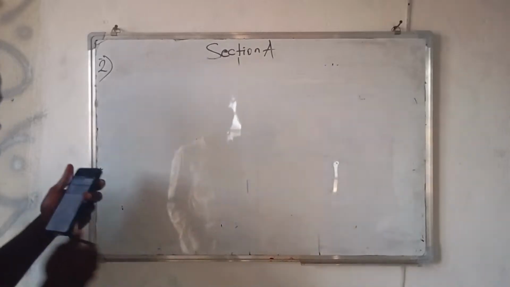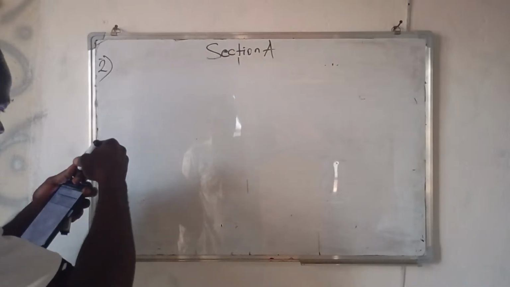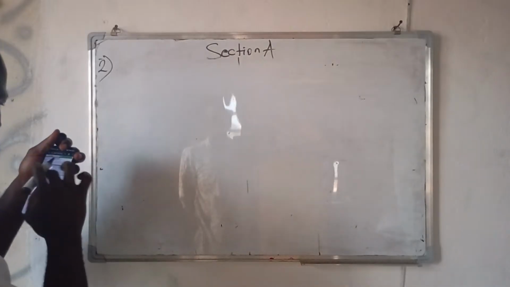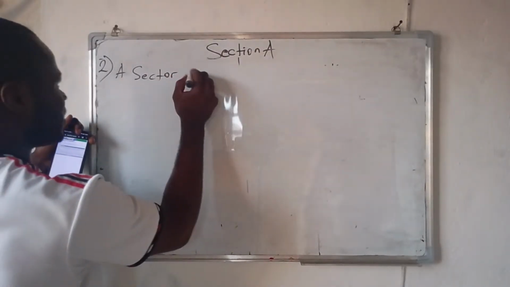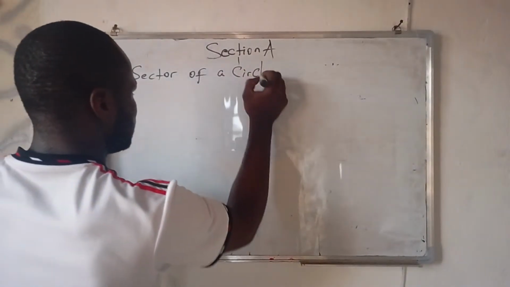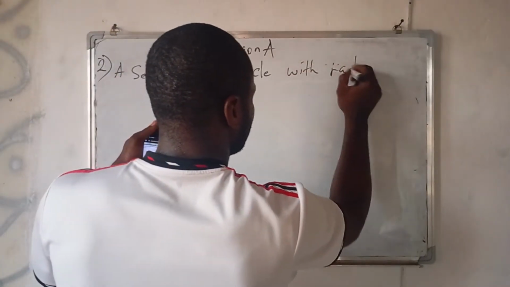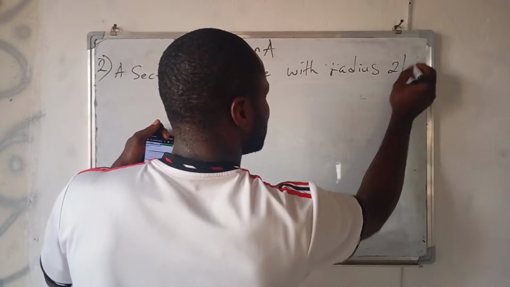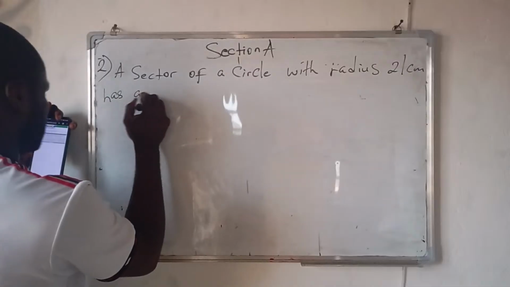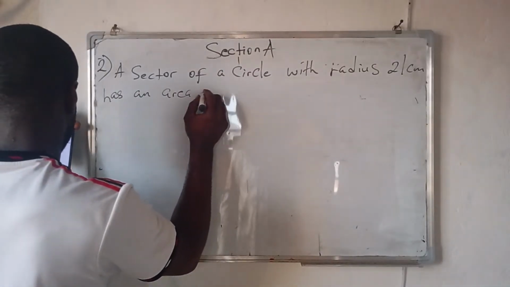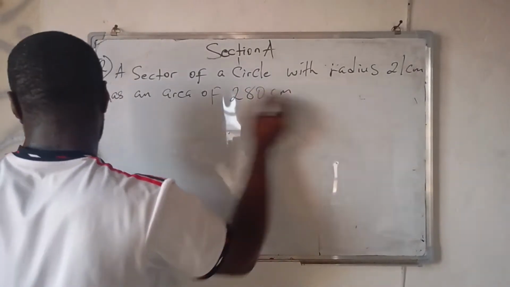In question number 3, we have a sector of a circle with radius 21 cm that has an area of 280 cm square.